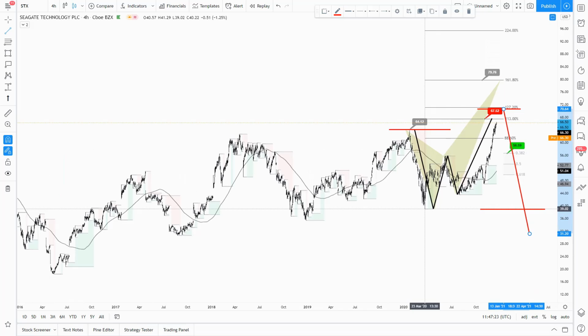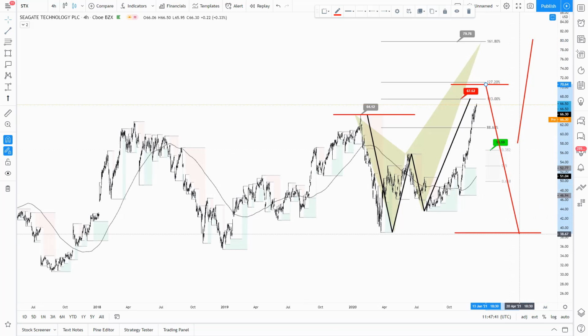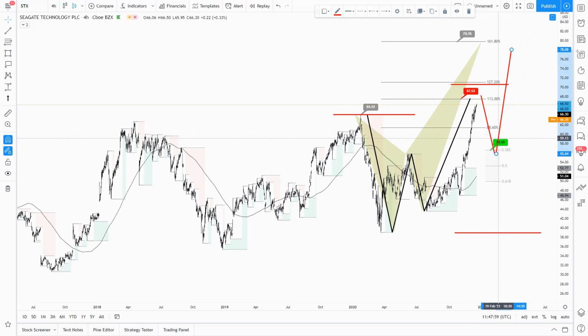So only a violation of the support will confirm this as a false breakout above, because if the market decides to print new highs and retrace, who grants us or who assures us that the market will not trade even higher later? We don't know that. So if the market decides to confirm that as a false breakout above, we need to see the price trading below the previous structural lows. That will confirm a false breakout above. Until there, we may see the price finding some resistance, retracing, and then more upside momentum.